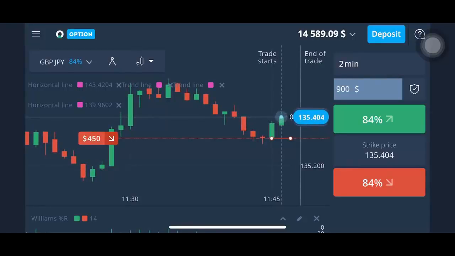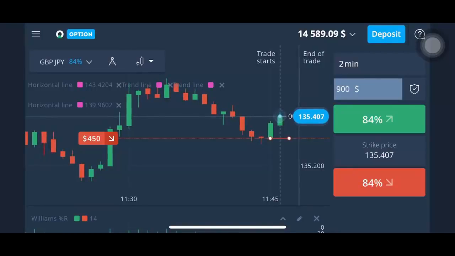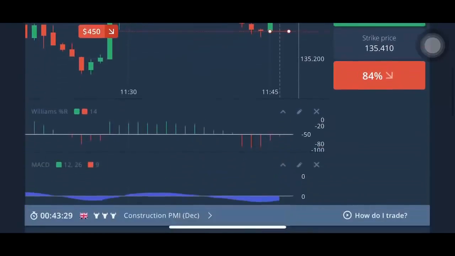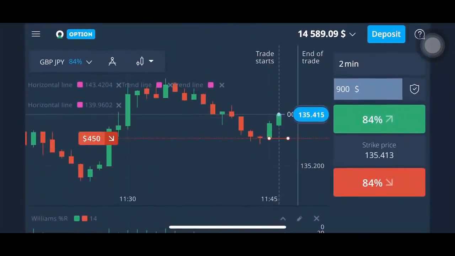And if you have lost something on the previous trade, you are recovering that, and at the same time you are making some more money from it. So this is what the Martingale principle is all about.